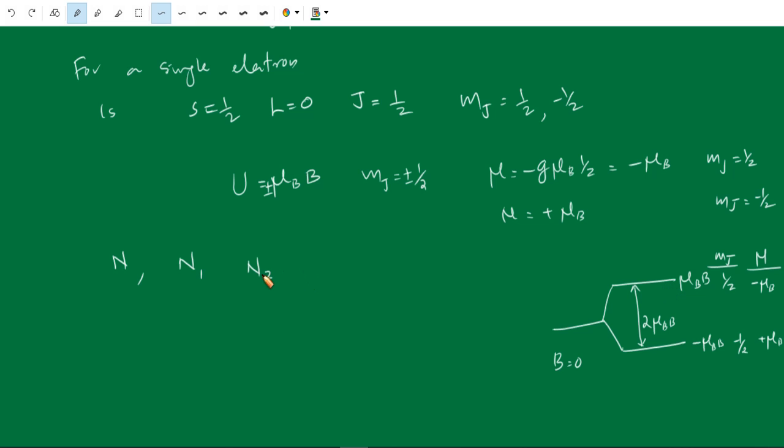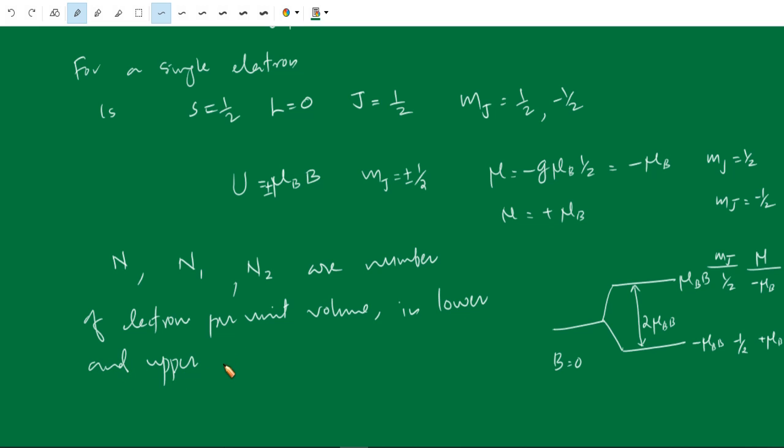So n1 and n2 are the number of atoms or electrons per unit volume in the lower and upper energy levels.